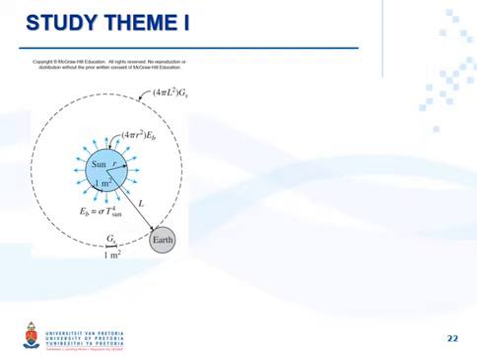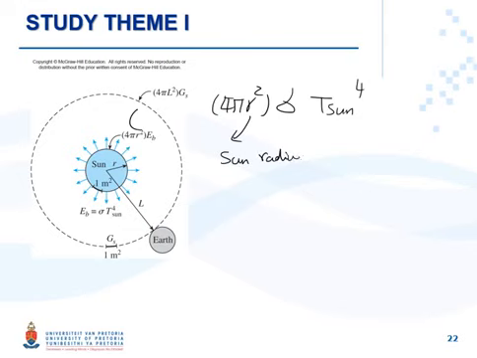It means that we can calculate the total energy that leaves the Sun's outer surface. How? We can say A sigma T to the power of 4, so 4 pi R squared sigma T_Sun to the power of 4, where R is the Sun radius. This is the total energy that leaves the Sun's outer surface.